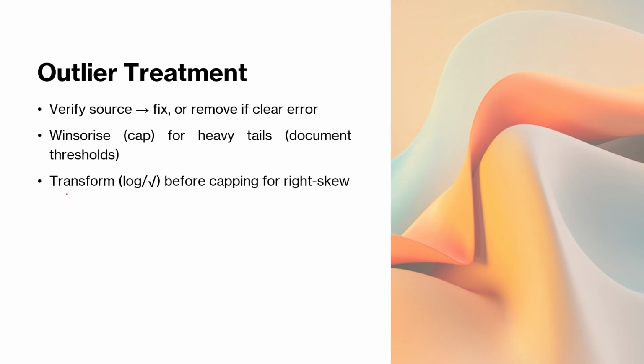Then you also have the option of transformation, where log transformation is usually used when you have to deal with outliers. That's a very common approach. You can also use square root transformation. All these are different methods that you can use for treating outliers.